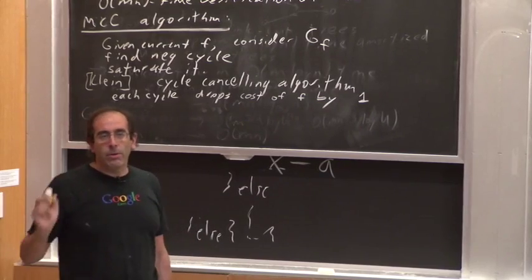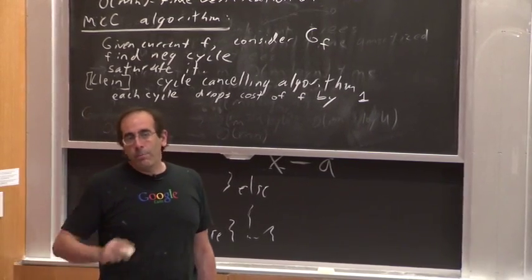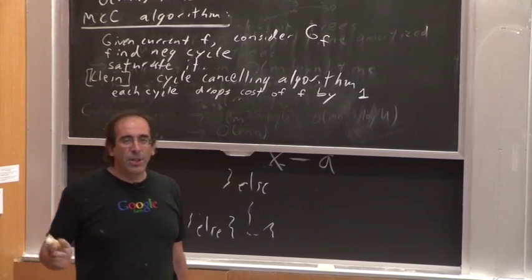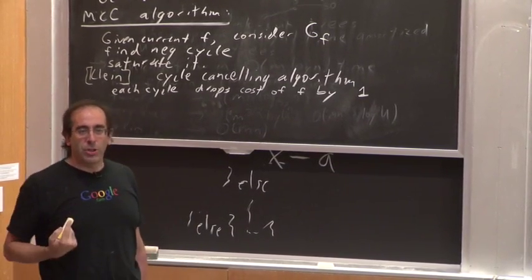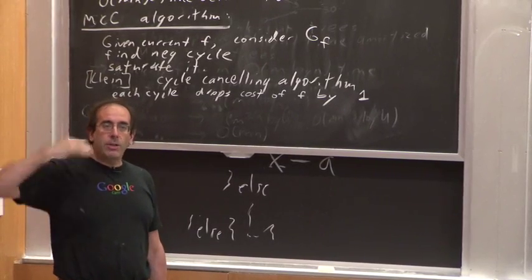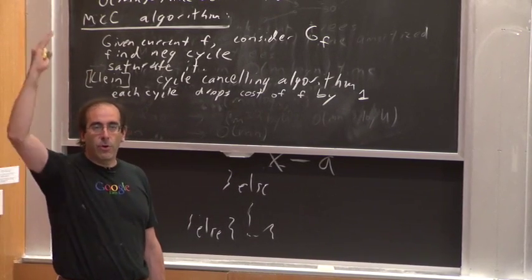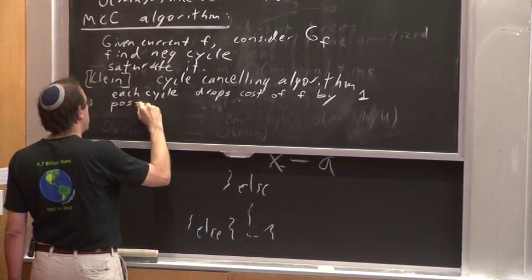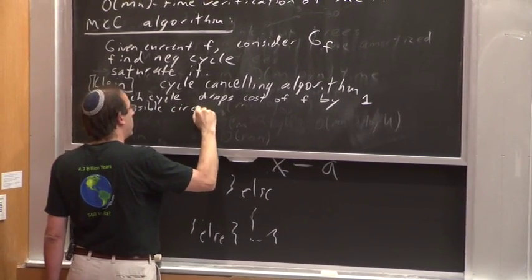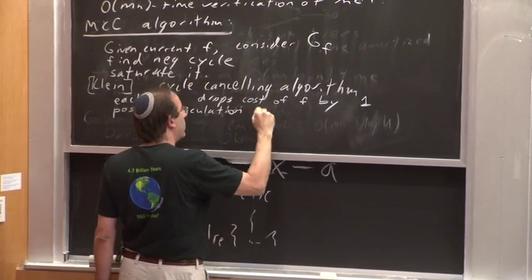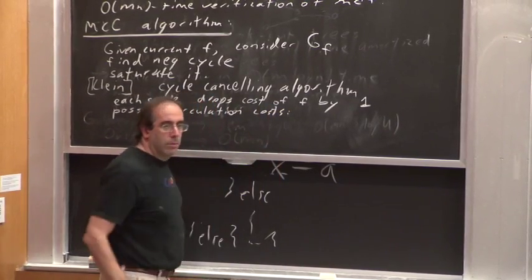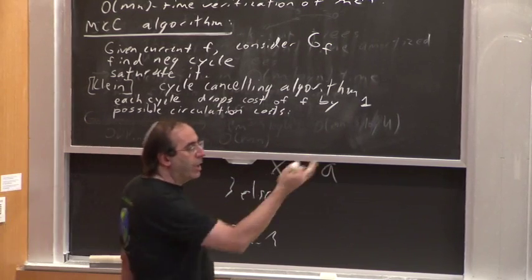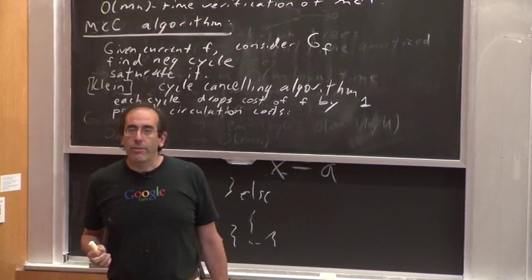So how can I bound the total amount of work? I can bound it by asking what's the total cost drop that's possible from my start to my finish. So what is the range of possible costs for circulations? We actually already answered this question in a sense when we were looking at turning our infinities into finite numbers.